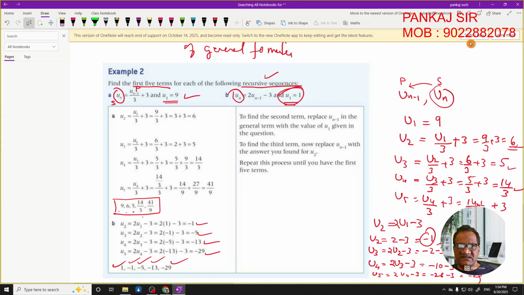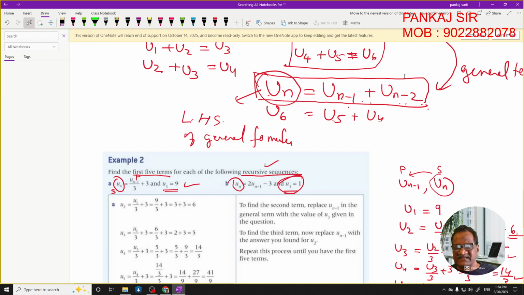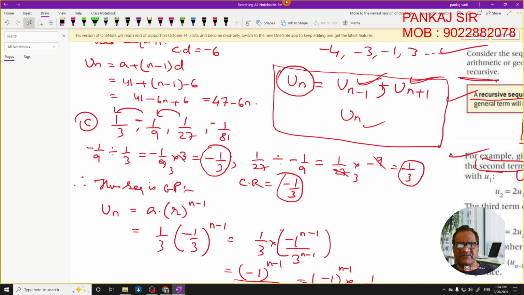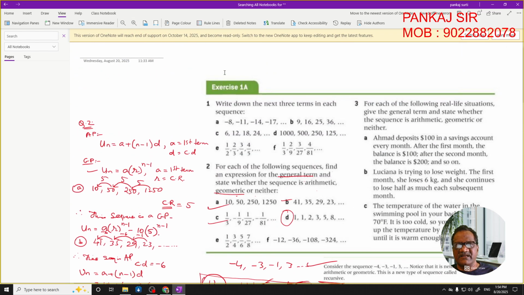In the next session, we will be doing some exercise questions on recursive sequence. Since this was a concept which I wanted to explain, I have done that. In the next session I'll do some numericals on this, taking exercise 1B and doing some questions on that.